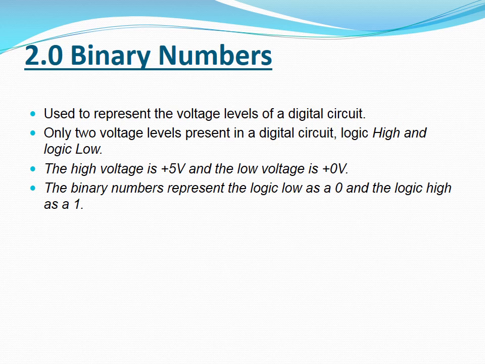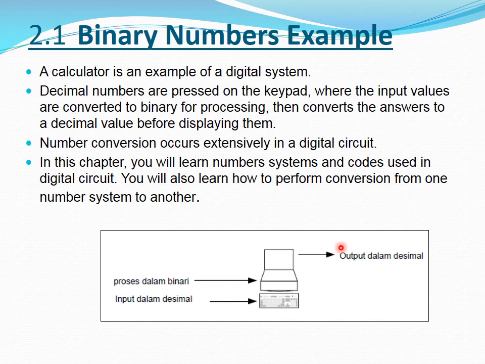The high voltage is plus 5 volts and low voltage is 0 volts. Therefore, plus 5 volts is indicated as 1, and 0 volt or low voltage is called 0. The binary numbers represent the logic low as 0 and the logic high as 1.